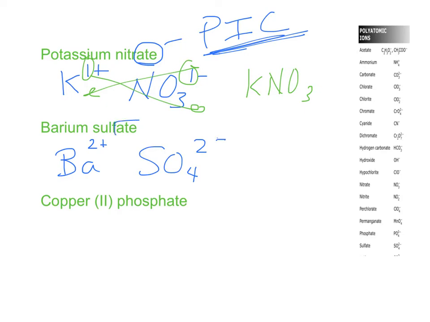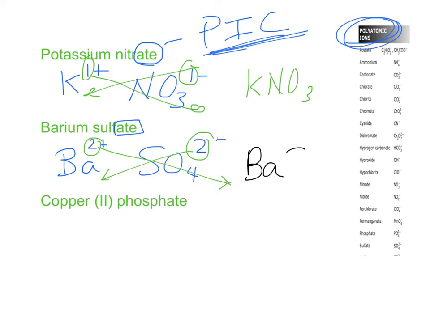Because this ends in ATE, which means I have to look at my polyatomic ion chart. Now I take my 2 and cross it, and I take my 2 and cross it. What I would end up with is a 2 and a 2, but because these are both the same charge, I don't need to write them. All I'm going to write is BaSO4. I can ignore the 2's because they're the same and they cancel out.